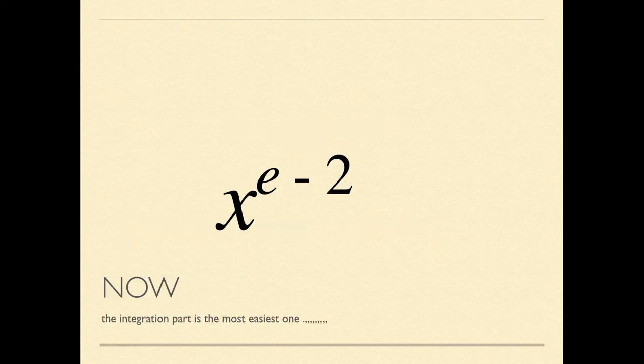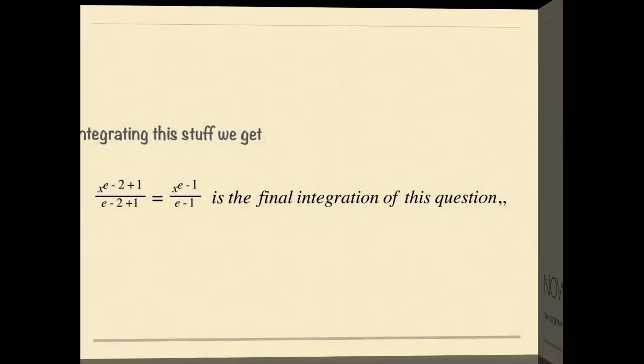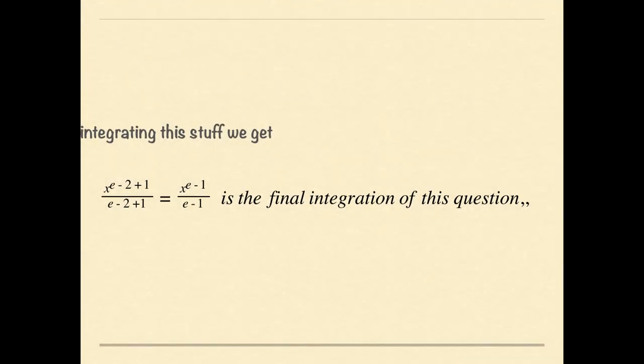Now it's simple. Just integrate the x to the power e minus 2 term. So after integrating, we get x to the power e minus 1 divided by e minus 1 as the final integration of this equation.